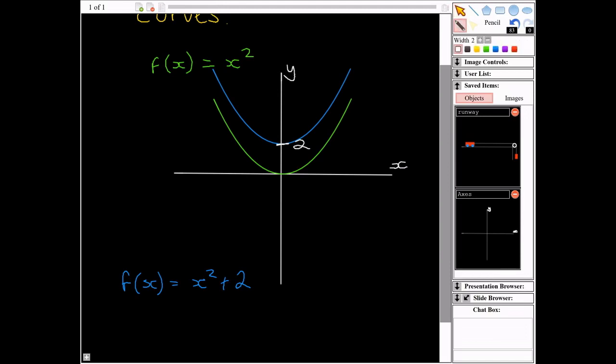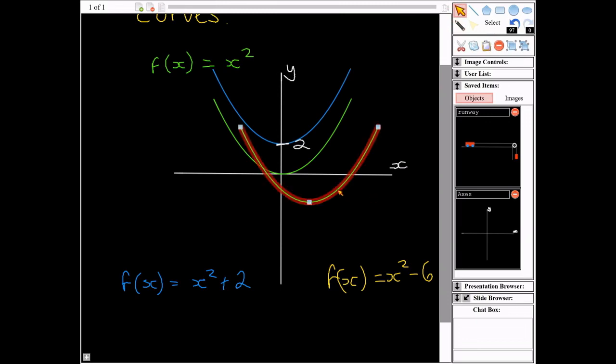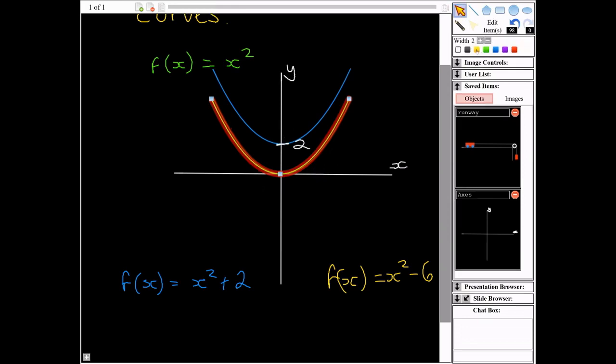If I had another function, let's do this one in yellow. Say I have f of x is equal to x squared and then minus 6. That is going to look very similar if I paste on again. So there is my original curve there like that. Let me just change that color to make that yellow.